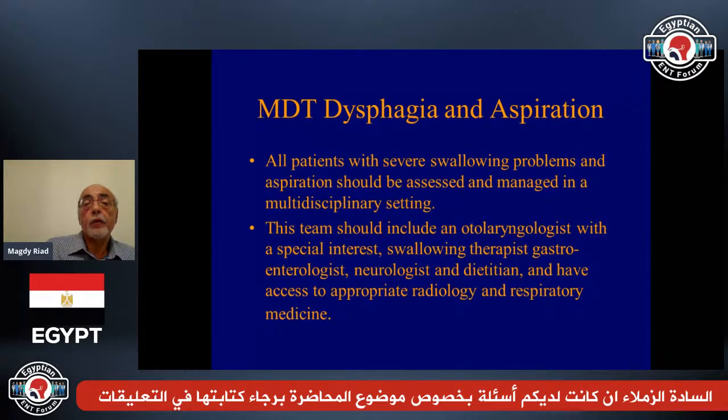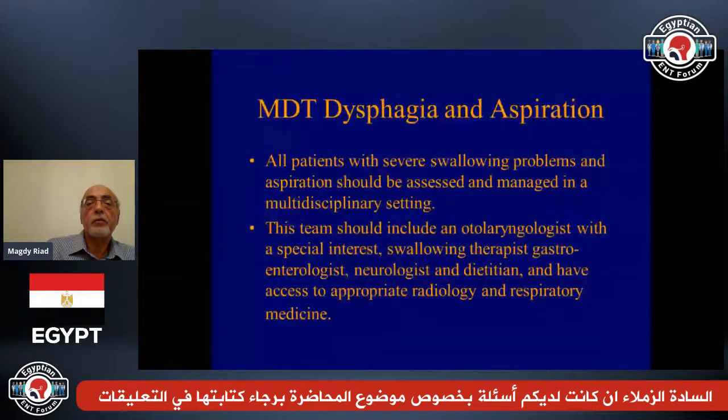Now, if you want to pursue a very detailed examination and assessment of patients with swallowing problems, it may be a good idea if you could set up an MDT for swallowing disorders. And by this, and having other specialists involved, like gastroenterologists and neurologists and dietitians, you could actually pull up some of the cases and do a good analysis and select the most appropriate treatment.